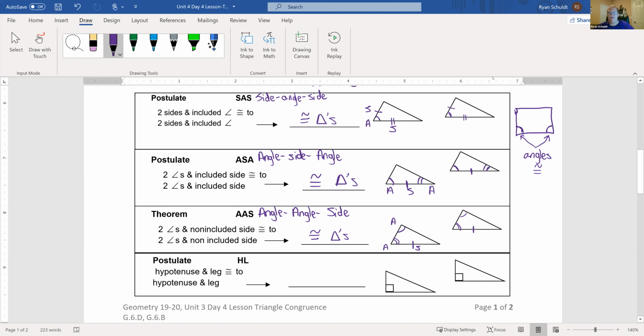Okay, and the last one, it's unique, it's special. It's called hypotenuse leg. It only works on the right triangle. So I'm going to mark that out here. Only works on a right triangle.